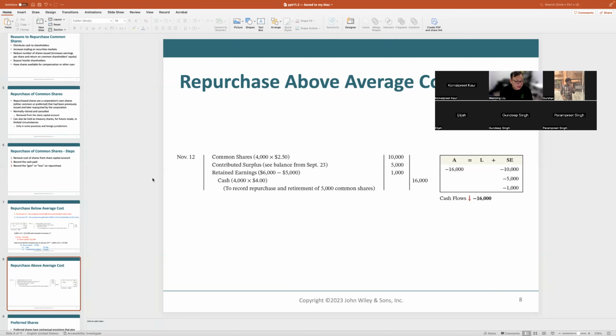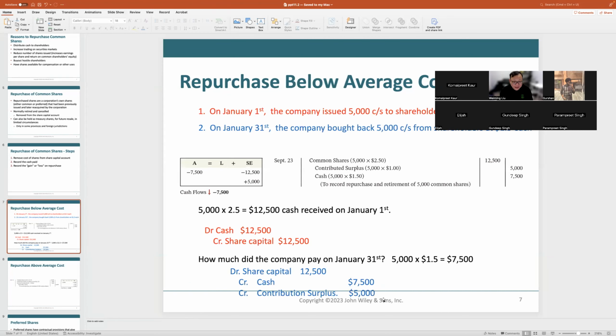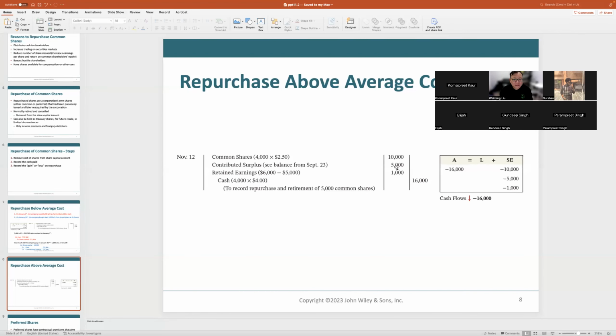So you made this 5,000, and next time you may lose that 5,000. So now you have to debit to reduce the balance. Remember, balance can increase, can decrease. You just have to understand when it represents debit, when it represents credit.